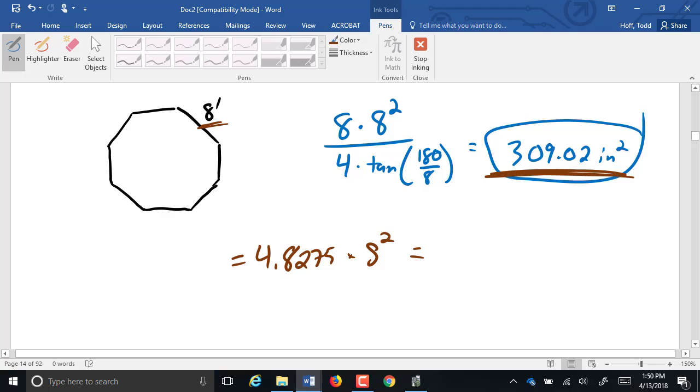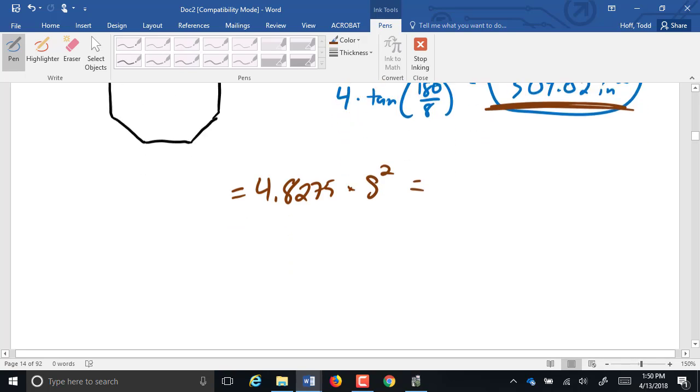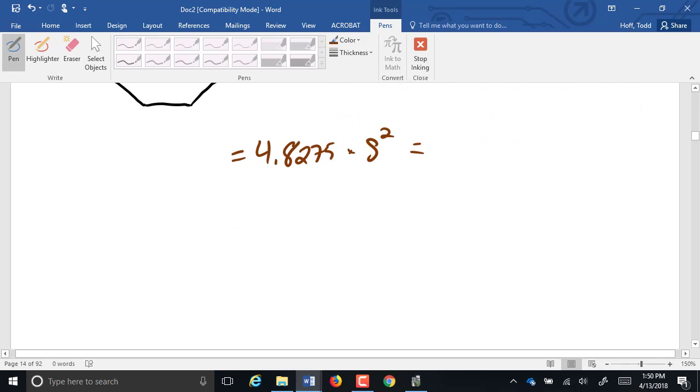What do you think? Finding the area of these regular polygons.